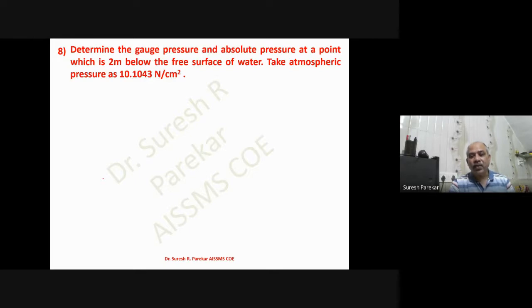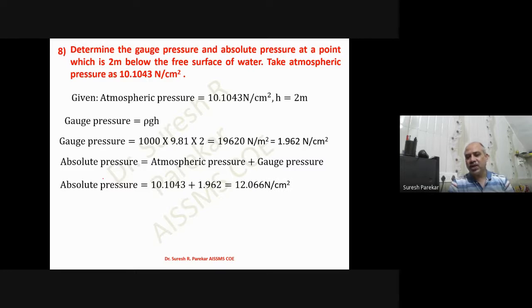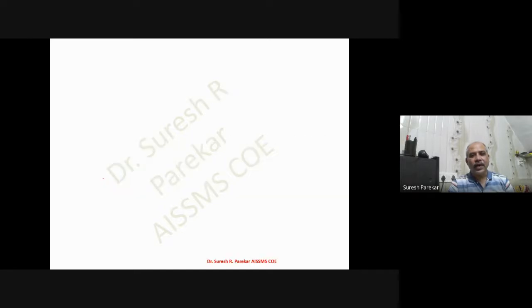Here we have to go for gauge pressure, so gauge pressure is equal to rho gh, which is 1.962 Newton per cm square. Atmospheric pressure is given as 10.1043. So we add 1.962 to this, and we get absolute pressure equal to 12.066 Newton per centimeter square. And then we go to one last problem.